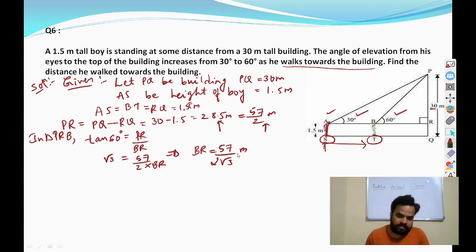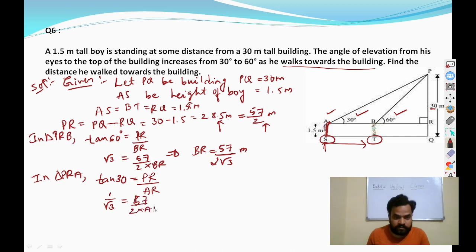This is BR. Now I am going to find AR in triangle PRA. Right? So in triangle PRA, all of you observe the diagram, you will come to know. I will take tan 30 is equal to PR by AR. Tan 30 is 1 by root 3, which is equal to PR, which we know is 57 by 2, by AR as it is.